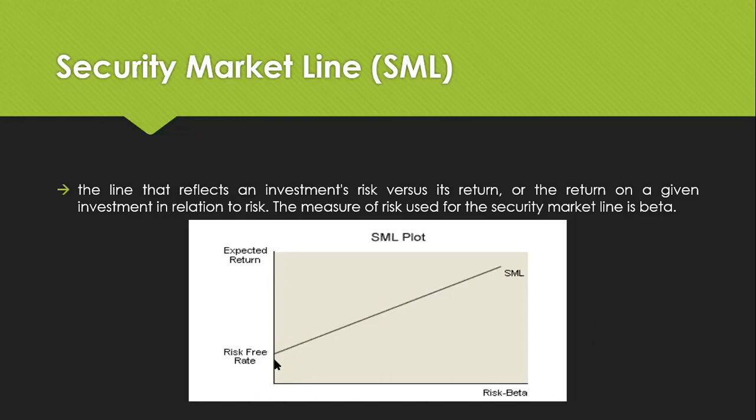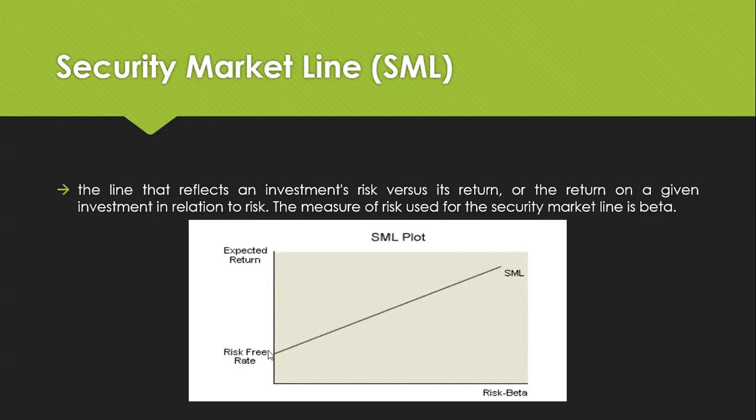So the lowest point is the risk-free rate. This is the point where risk is zero, but we still have a certain expected return depending on our government securities. That's our security market line.